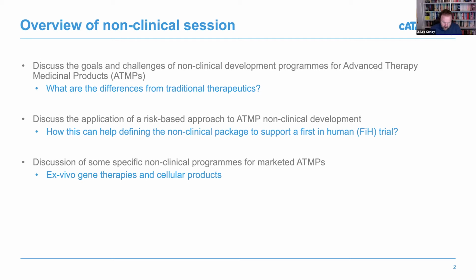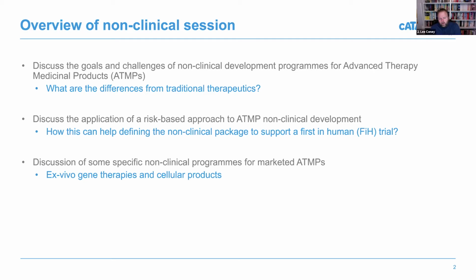So I'm going to talk about a couple of ex vivo gene therapies and a cell product. The purpose of that, I think, is to really illustrate that there's more than one approach that you can take to generate the data that you need to initiate clinical development. It's a multifactorial approach that requires very holistic thinking.